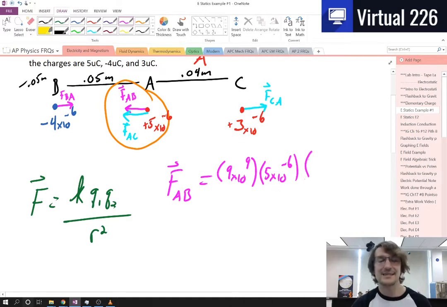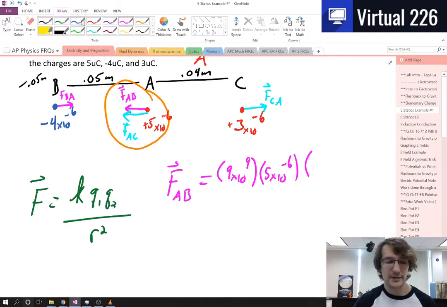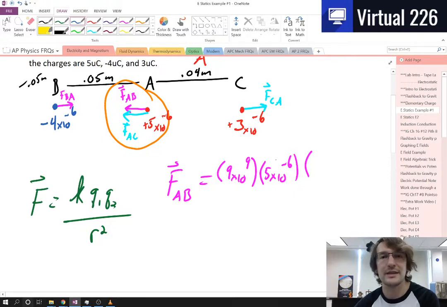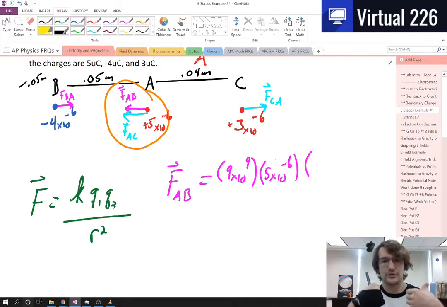And this is a little trick I like to employ, and I think it'll make all of our lives a little bit easier. I do recognize that charge B is a negative charge. But remember, this negative on the charge, when I put it into Coulomb's equation, is only telling us that if our forces are negative, we're going to have attractive forces, and the particles are going to attract.